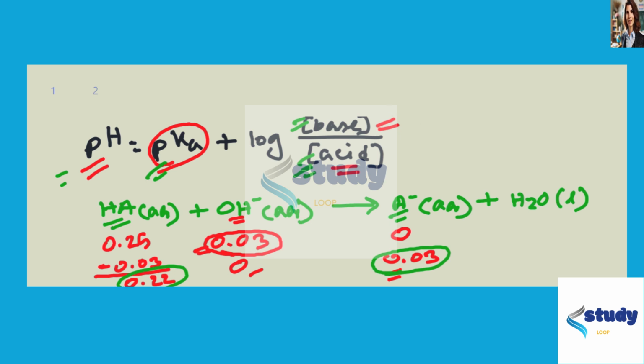Although the formula is the base concentration over acid concentration, if the volume of the solution is the same for the base and the acid, we can directly put the number of moles of base over the number of moles of acid in this formula. Here we have diluted the solution to 1.5 liter, which is the volume for both the acid and the conjugate base. So you can directly put the number of moles of base over the number of moles of acid in this part of the equation, and we can find the value of pKa.